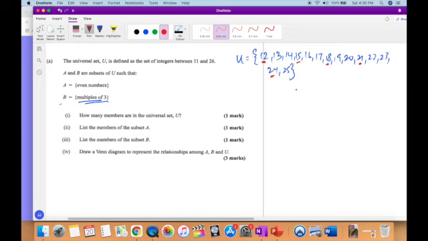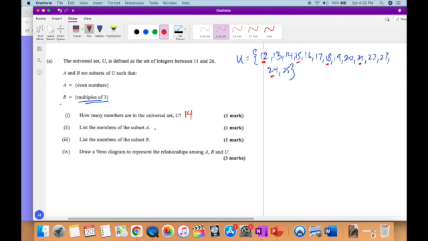So those are the multiples of 3. Right? How many members are in the universal set? Well, we could see here 1, 2, 3, 4, 5, 6, 7, 8, 9, 10, 11, 12, 13, 14 members in the universal set.